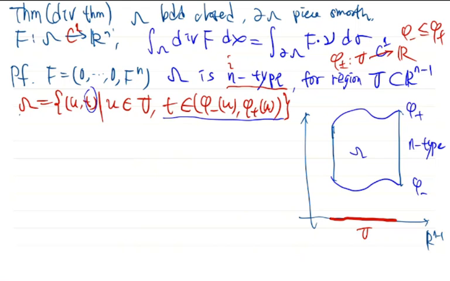Similarly, an i-type domain is one where the i-th coordinate of the point in the domain is bounded by two functions of the other variables. I will not write this out, it is boring.